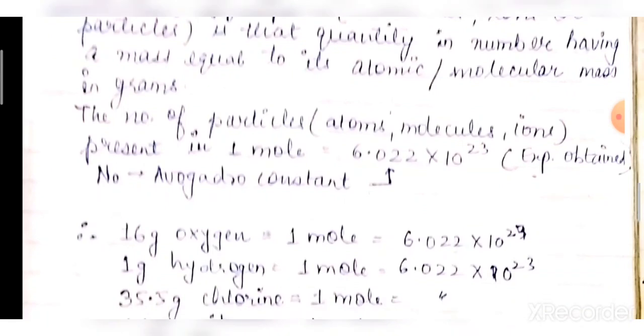The number of particles, atoms, molecules or ions present in 1 mole is equal to 6.022 into 10 raised to the power 23, which is Avogadro number. Avogadro number is an experimentally obtained number. One of the scientists, Amedeo Avogadro, did the experiment and gave this constant, so we named the number Avogadro number.